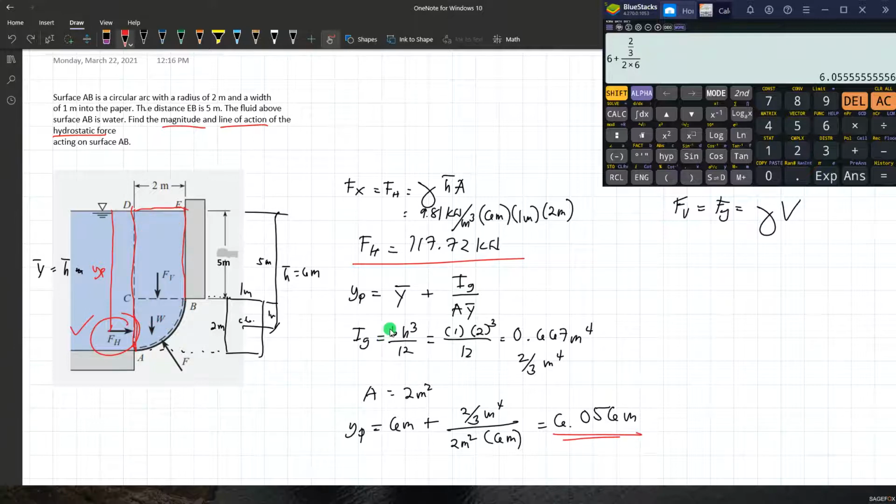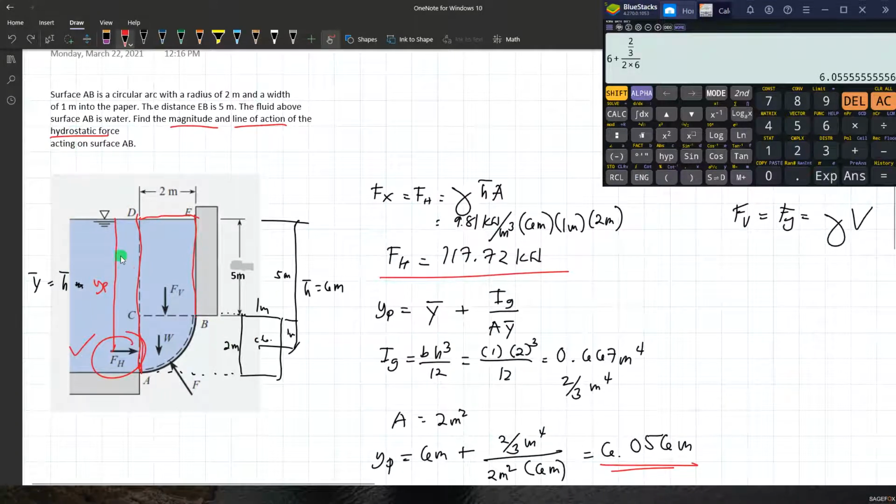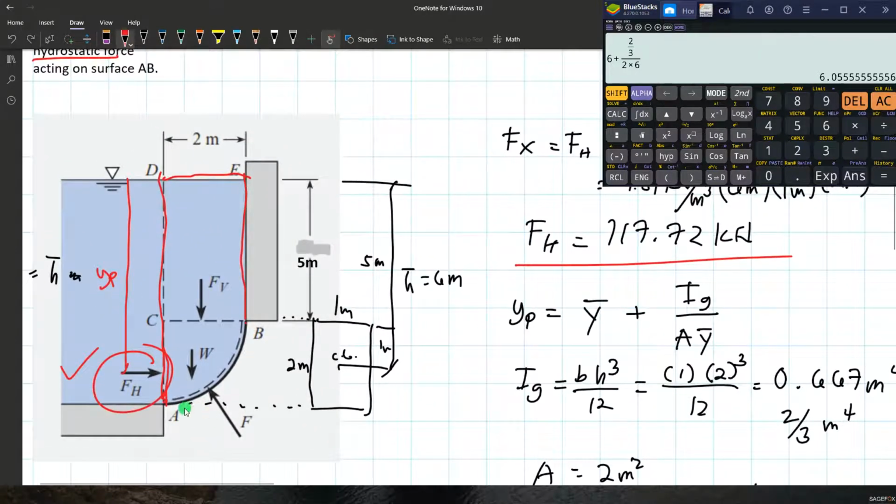Since here we are required to determine the location of this vertical force, and the shape is irregular, consisting of a quarter circle and a rectangle, we solve separately the vertical force due to this rectangular prism form right here, because we have a width, as well as the vertical force due to this quarter circle.